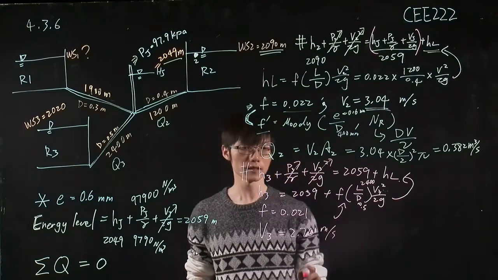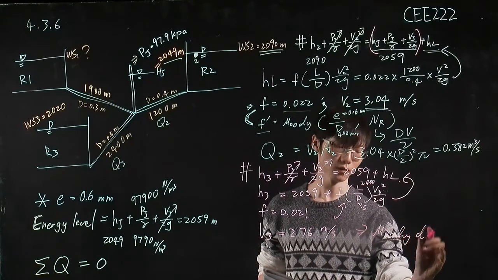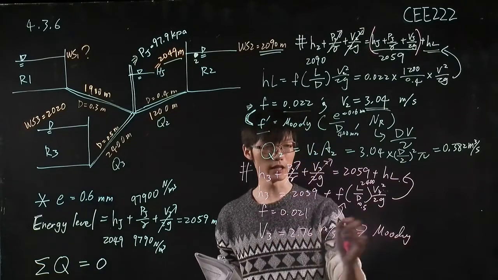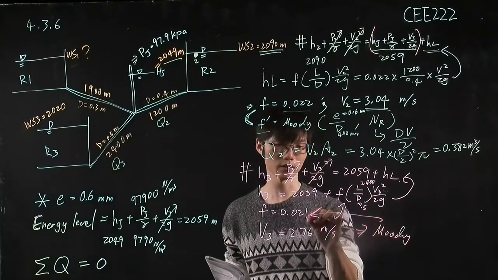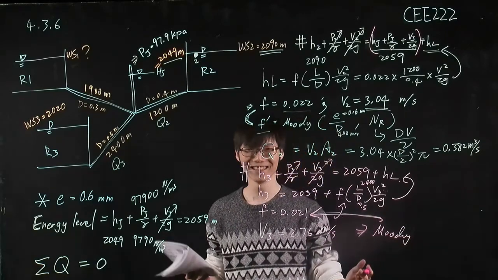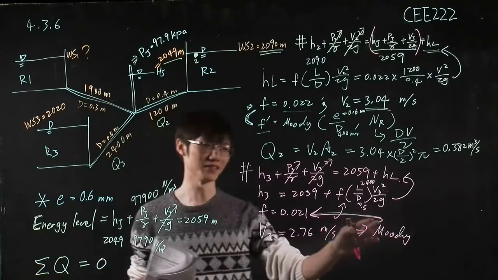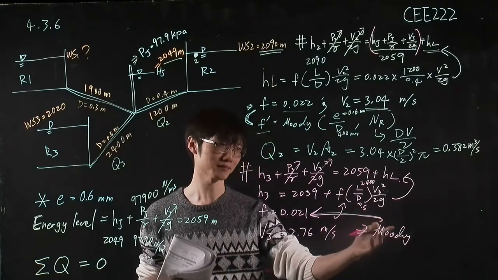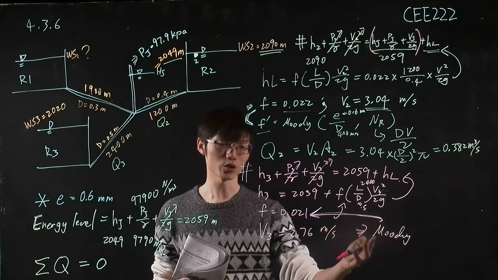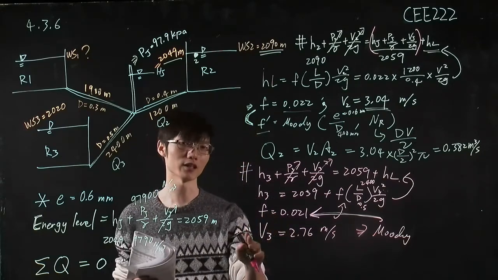And similarly, we need to use the Moody diagram to verify our guess of this factor here. And again, our guess is correct, so I skip the verification step here. But when you do the homework or the quiz, you should verify your guess is correct. Otherwise, I cannot give you the point.